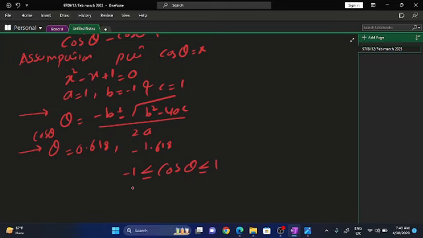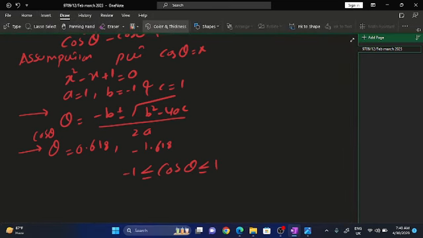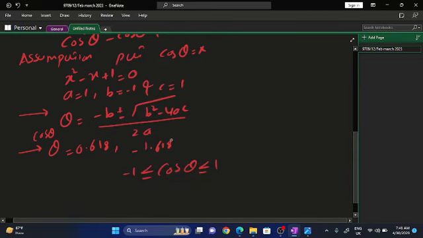So it will never be equal to negative 1.618 because its upper range is positive 1 and its minimum range is negative 1. So negative 1.618 is never choosable because of this restriction. I have to consider only the positive value for cos of theta, that is 0.618. So I choose cos of theta equals 0.618.